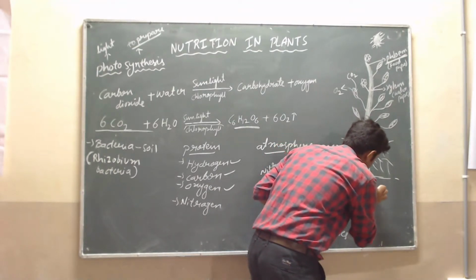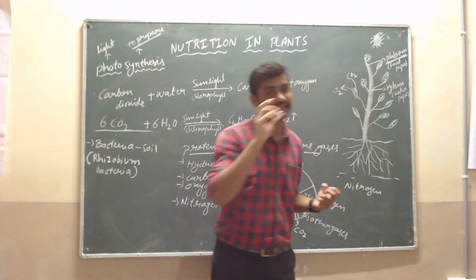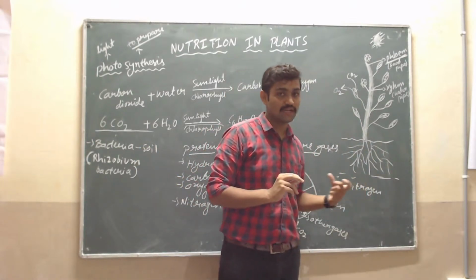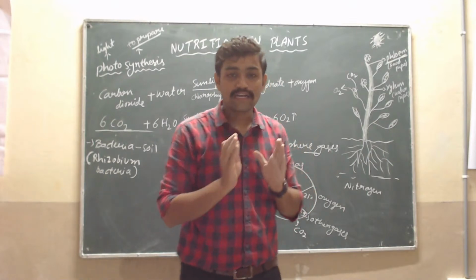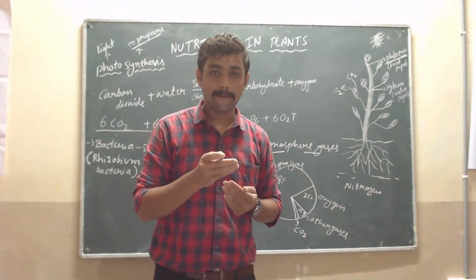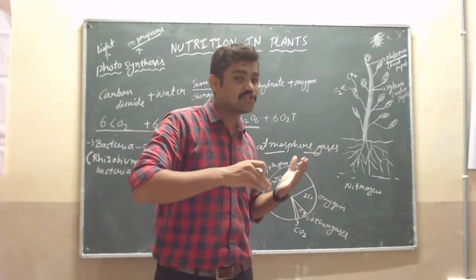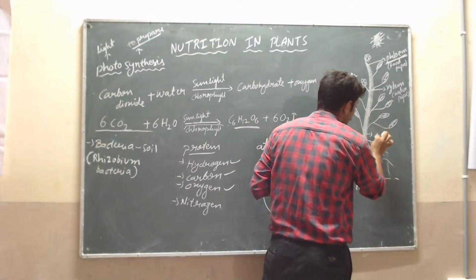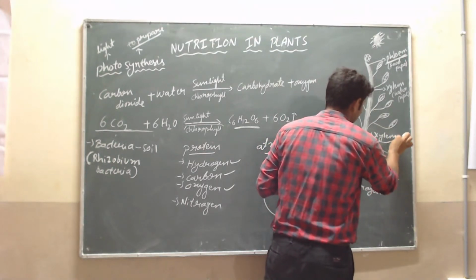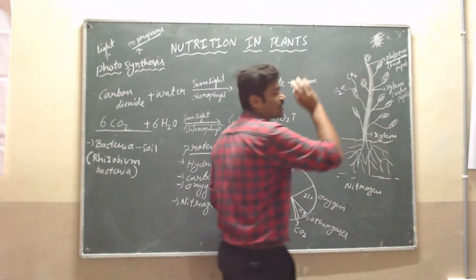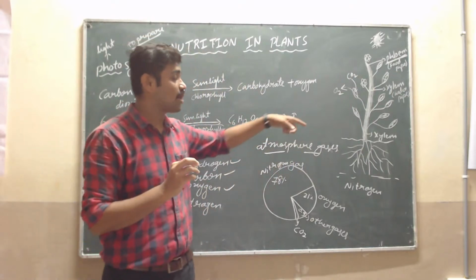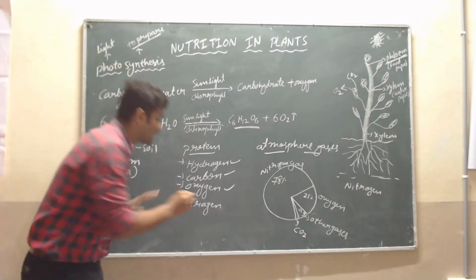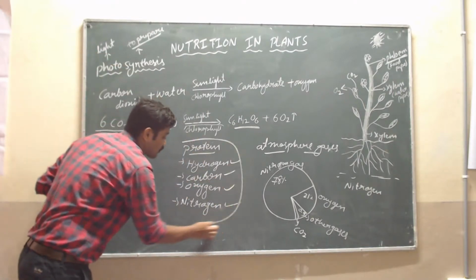With the help of rhizobium bacteria, nitrogen is present in the soil. It is dissolved in water, and through xylem it is transferred to all the parts of the plant. From that they can prepare their protein.